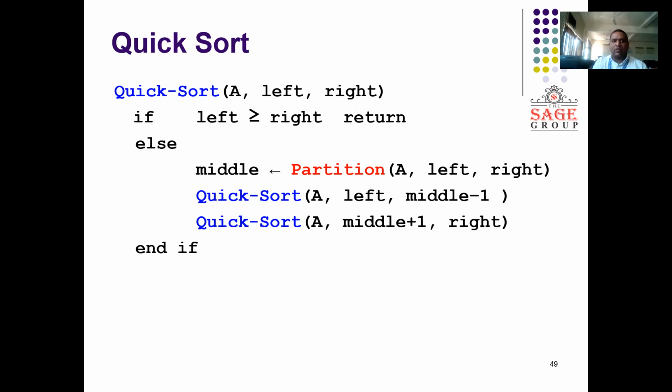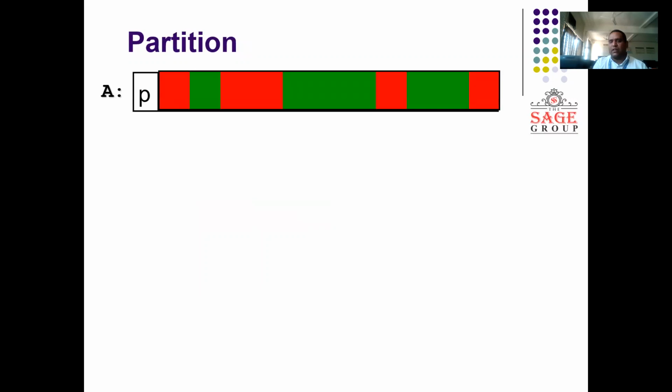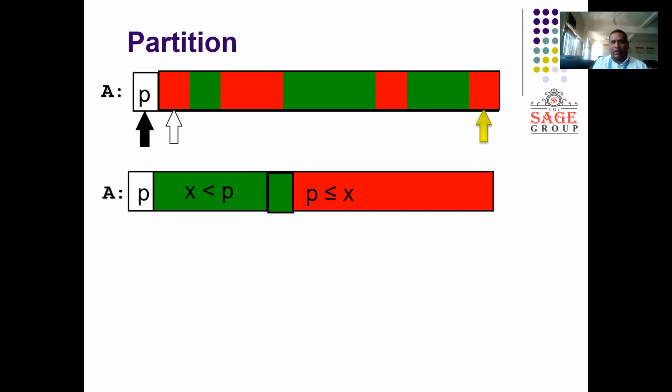Then what is the concept of partition? What is the meaning of partition? Let P be the pivot element. Red color indicates elements greater than the pivot element, and green color represents elements smaller than P. Then we take pointers and compare all the left and right values.